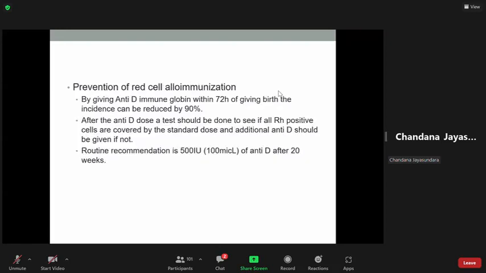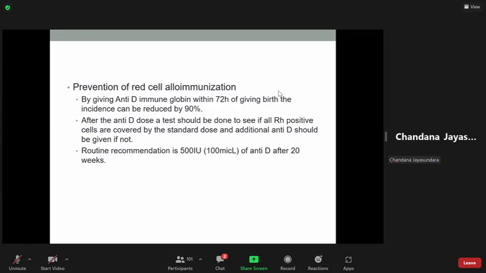Can we prevent it? Well, we can definitely prevent it nowadays, because if there is an event of sensitization, we can give anti-D antibodies, and these anti-D antibodies will attach to the Rh positive fetal blood and destroy it.